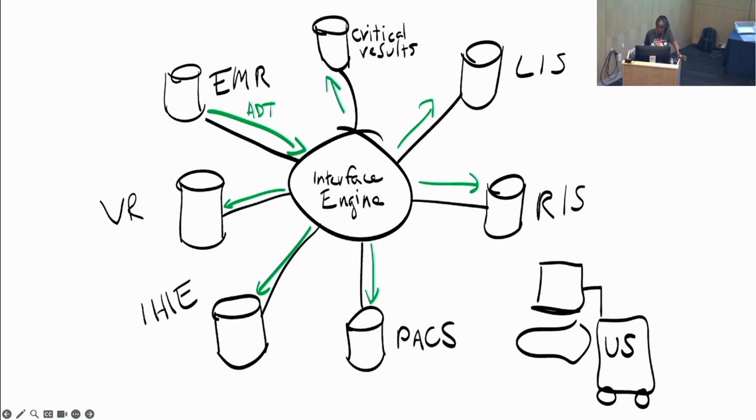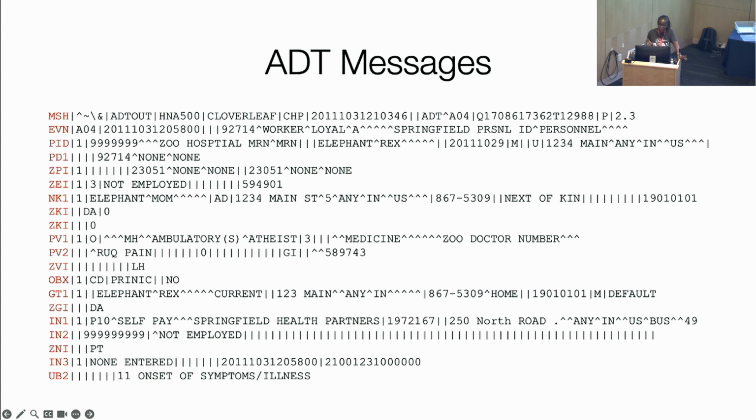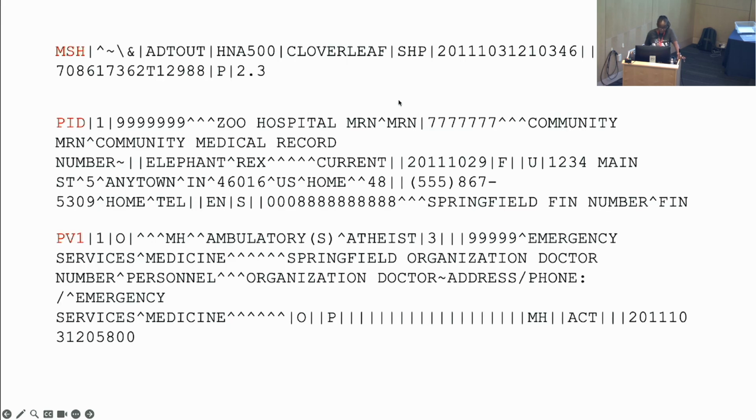So the EMR generates this message, and because it needs to have one source of truth for the medical record number for the patient, here's an example of an ADT message. It's not supposed to intimidate you. It's just showing you this, and I'm going to zoom in. You can see that this is the hospital header, and then the medical record number, and who's ordering.